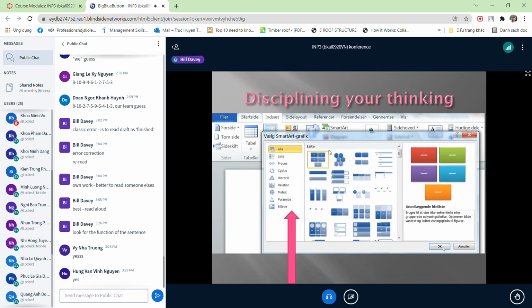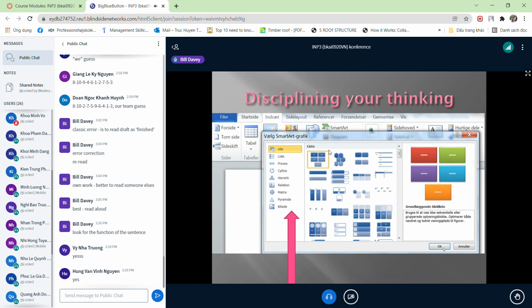Is it a hierarchy? Is there something big at the top that can be divided into smaller elements? Is there a relationship of some sort? Is it a matrix?